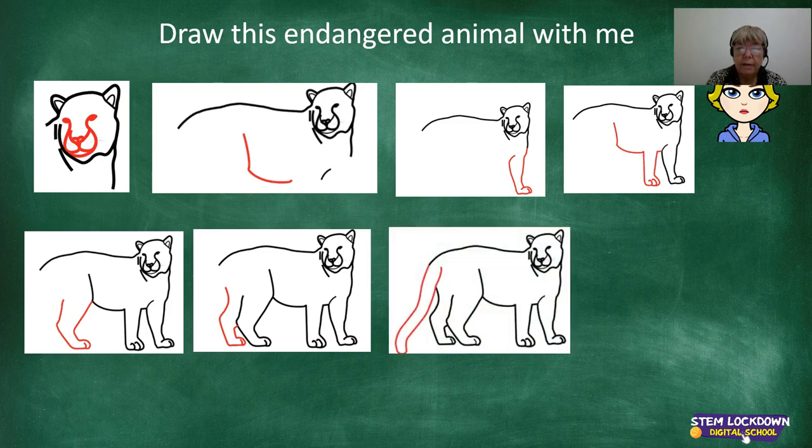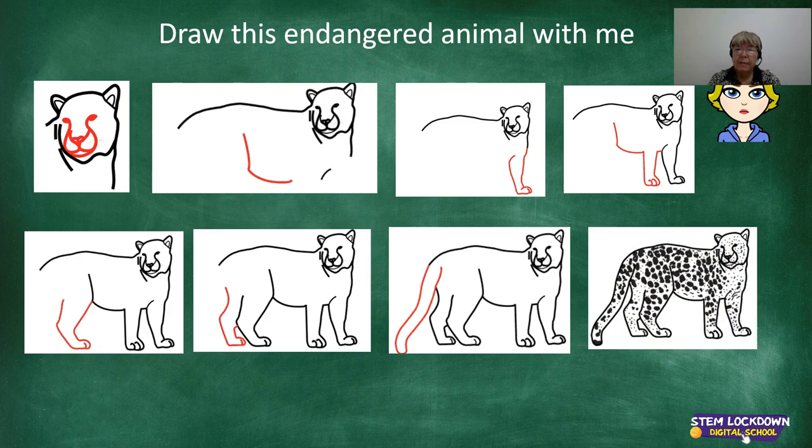Okay, let's go on and draw that long tail that obviously gives balance. Sometimes animals have these long tails to help them stay balanced if they run very fast. And our final picture, what do you think our final picture needs? Spots. Give it some spots.